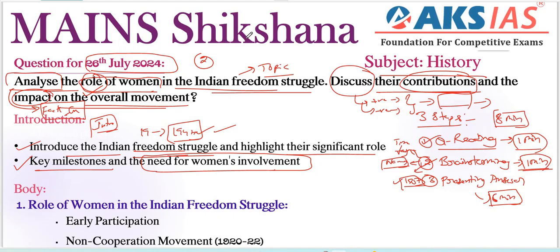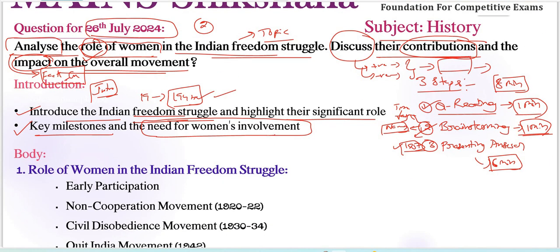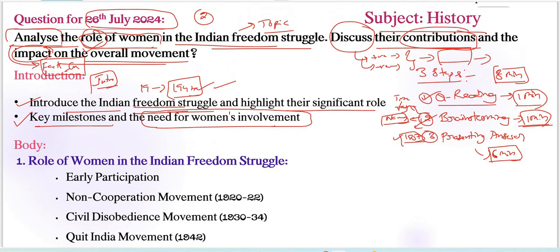Next, we need to include our role. What is the important role played by women in the Indian freedom struggle? That is the first part of the body here. So early participation is the major important criterion. I am just writing, indicating all the important aspects here, but there are a number of ways we can address these types of questions.